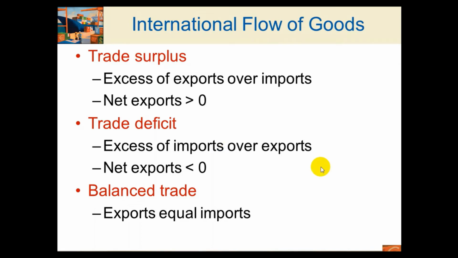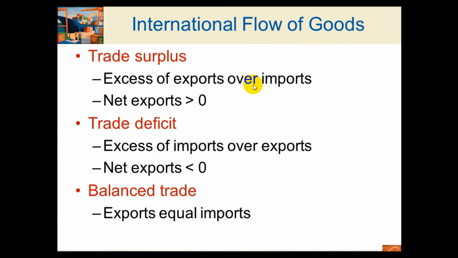Depending on whether a country imports more goods or exports more goods, a country's net export can be a positive or negative value. If net exports are positive, there is an excess of exports over imports, indicating that the country sells more goods and services abroad than it buys from other countries.